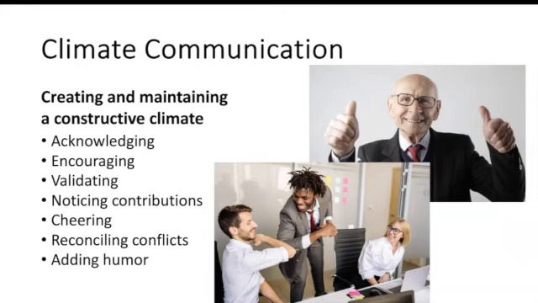So some of the things that you can do to create a positive climate are to acknowledge people, so acknowledging when they come into the room and also acknowledging contributions that they're making to the conversation. Also encouraging, so finding ways to get more people to participate and to ask questions and direct people to say, hey, we haven't heard from you.